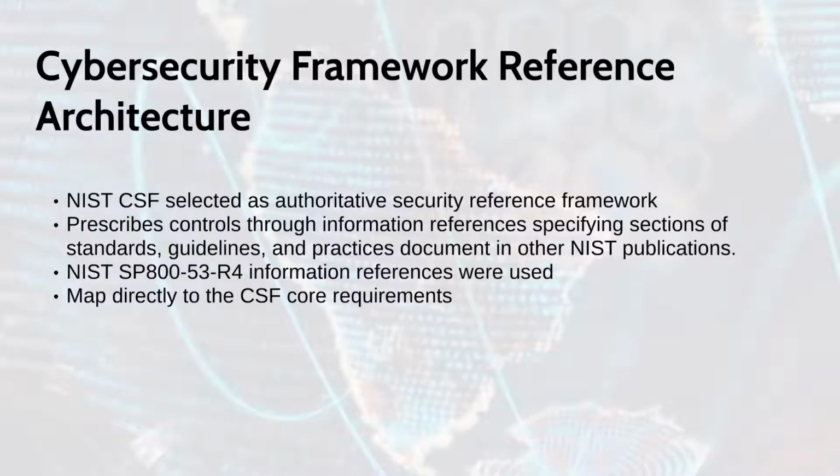The CSF prescribes controls through information references. The references specify sections of standards, guidelines, and practices documented in other NIST publications. For this research, the NIST SP 800-53 Revision 4 information references were used. These controls map directly to the CSF core requirements.